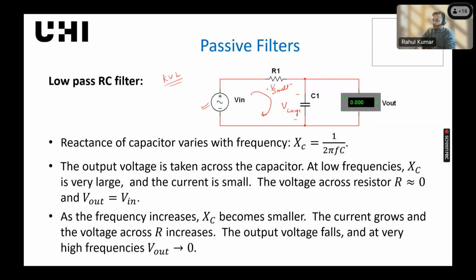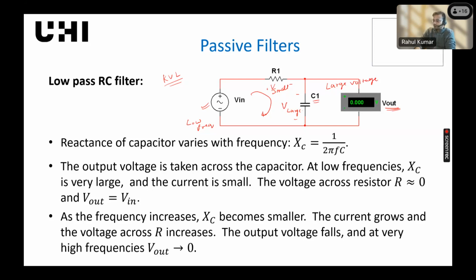So for low frequency, you will have large voltage across the capacitor. And we are measuring the output across this capacitor, so obviously the output voltage will be large.